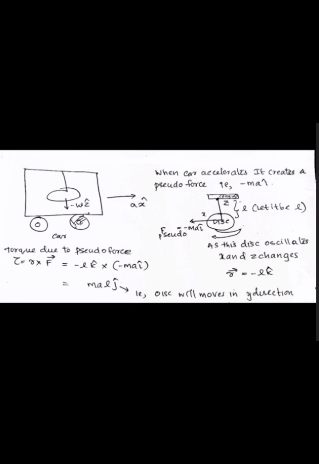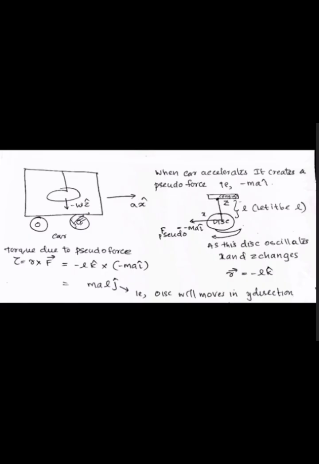So here the torque due to the pseudo force is tau equal to r cross F, that is minus L k cap cross minus m a i cap, that is equal to m a L j cap. J cap means the disk is moving in the y direction as the car accelerates.